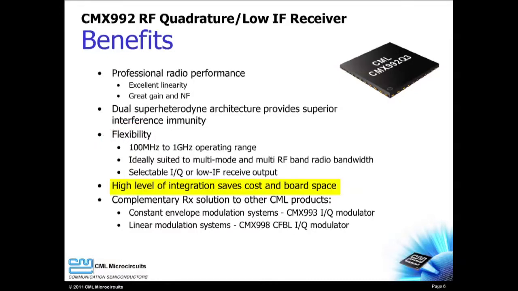Parts count and bill of materials cost are reduced through the CMX992's high level of integration. And the CMX992 can easily work with the CMX993 IQ modulator for constant envelope designs or the CMX998 Cartesian Feedback IQ modulator in linear modulation designs.